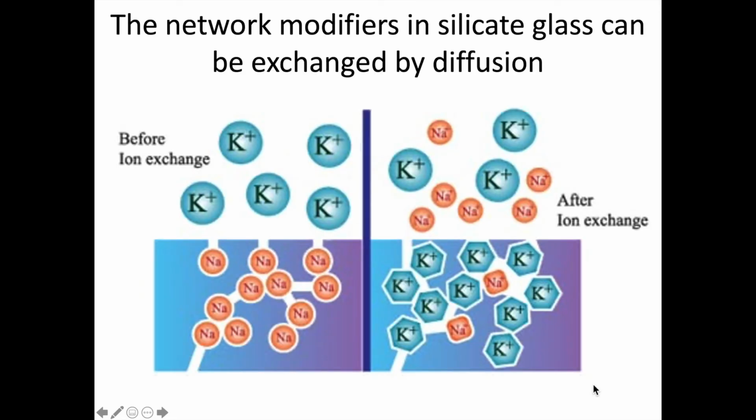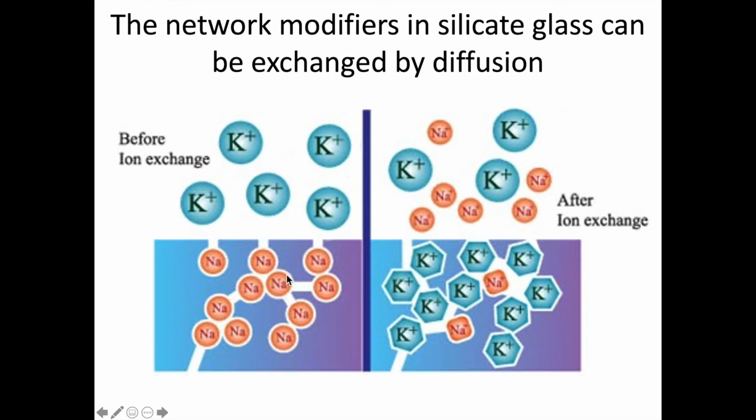All right, so another way, pretty well connected to what we just talked about with thermal tempering, is ion exchange. If you're in the MSE 407 lab or have taken it before, this is exactly what we're doing. Basically, the idea of ion exchange is that you take the ions within a material.